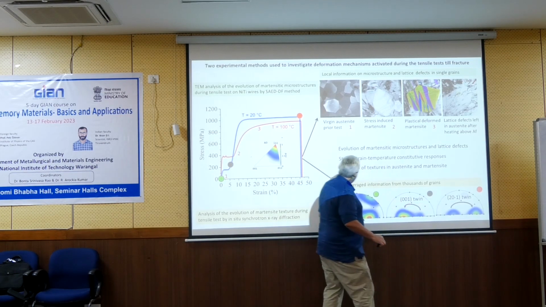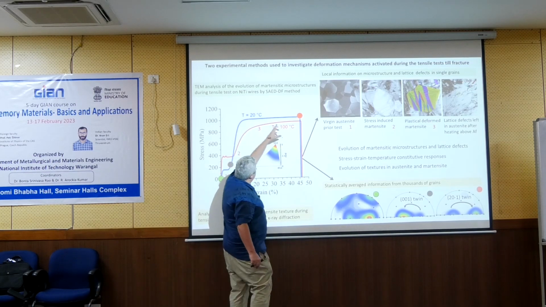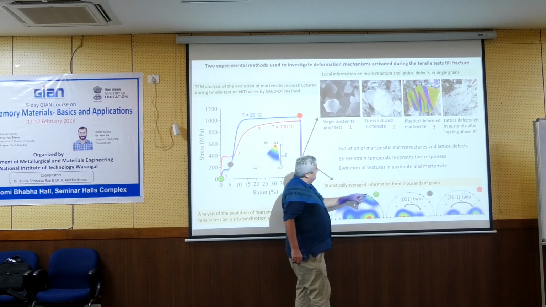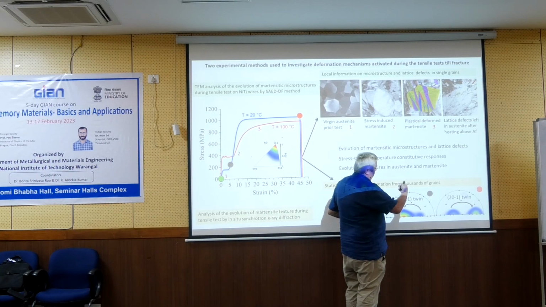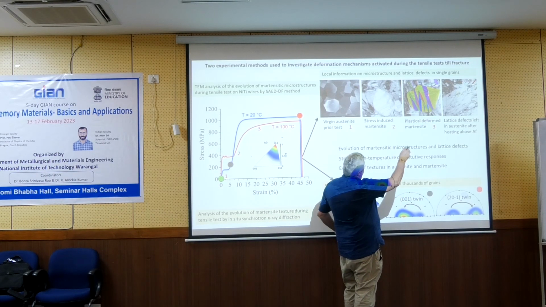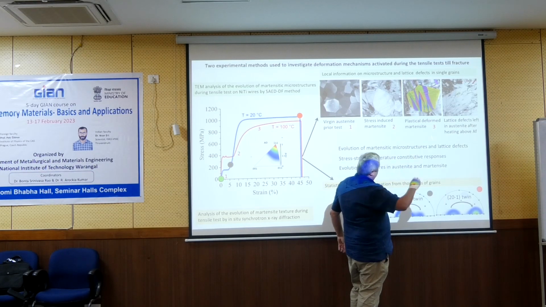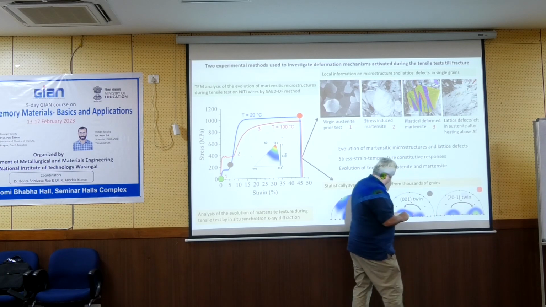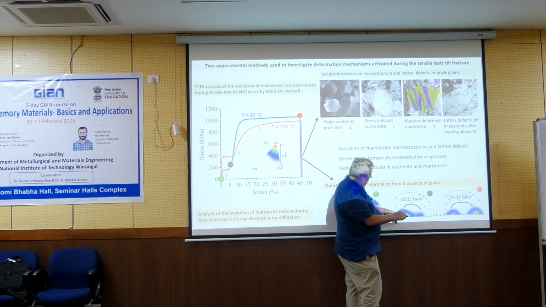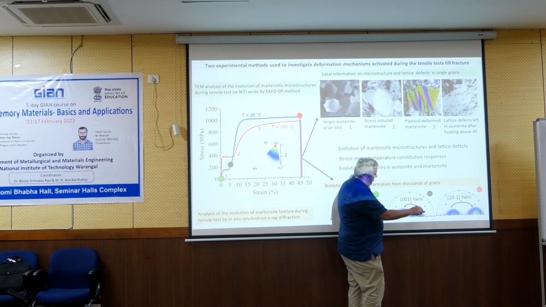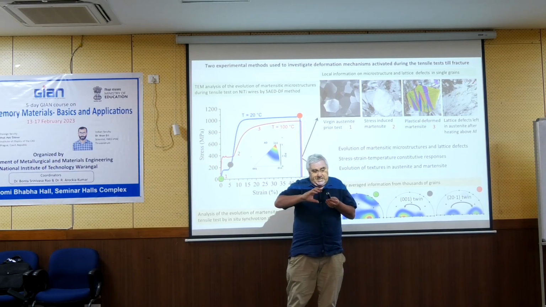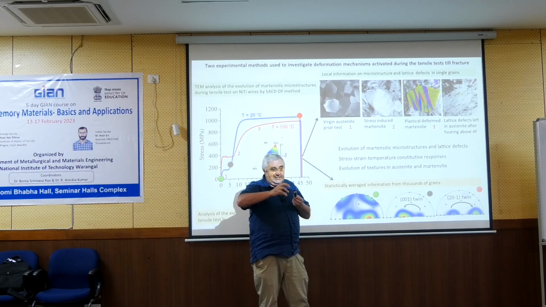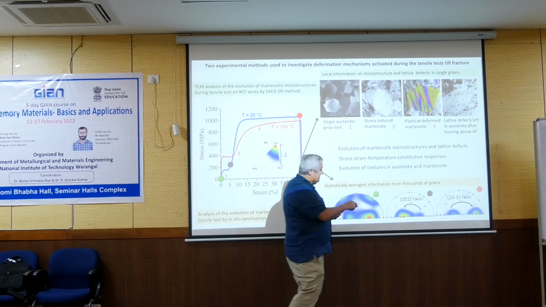And now more, when we deform into the plastic range, into this red point, we have these deformation bands inside. So when we have deformation bands, this is now in martensite, not in austenite, in martensite. So we see that this pole goes down, so the red and yellow curve disappears, and the intensity shifts here, which means that gradually the martensite lattice becomes reoriented.